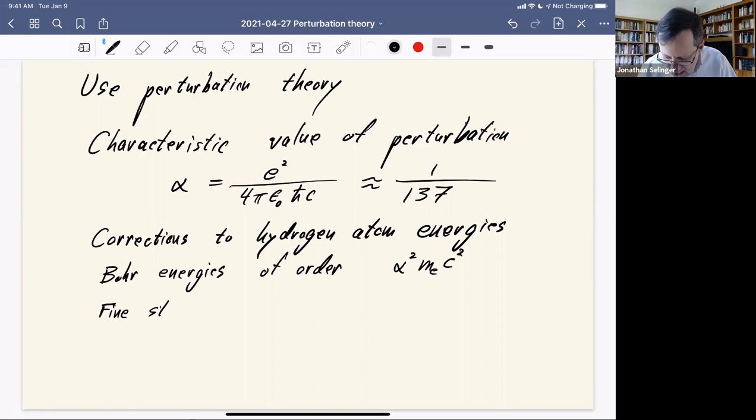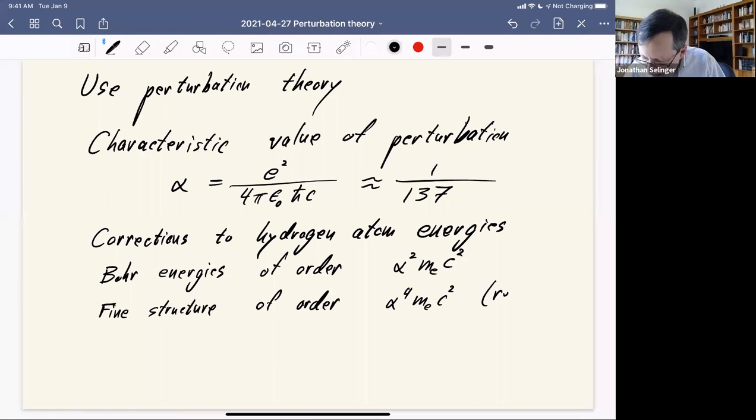But then there are different kinds of corrections, which get names that people talk about. There's a fine structure of order alpha to the fourth times mc squared. This comes from things like relativity and from couplings between spin and orbital angular momentum.